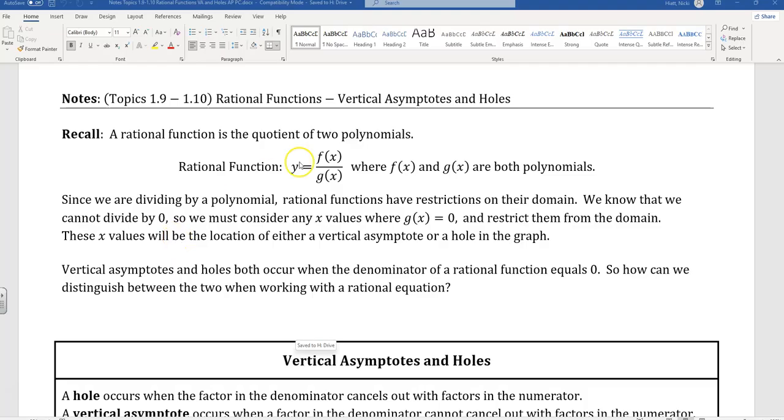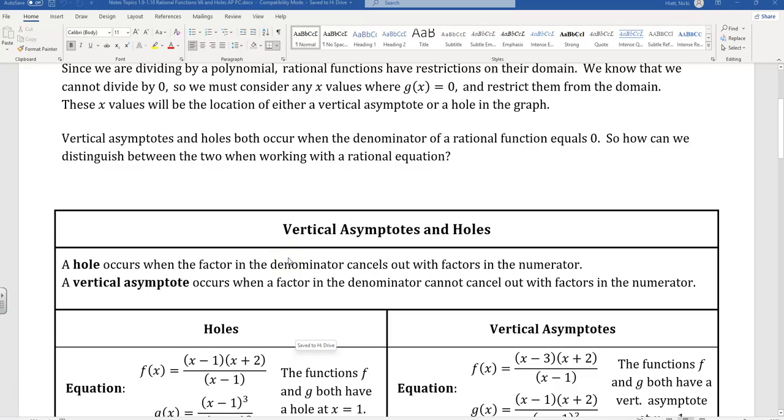So it kind of reviews what a rational function is. We have restrictions. Whatever's in the denominator cannot equal 0. We talked about that yesterday. If the denominator equals 0, then we are going to have either a hole or a vertical asymptote at that point.